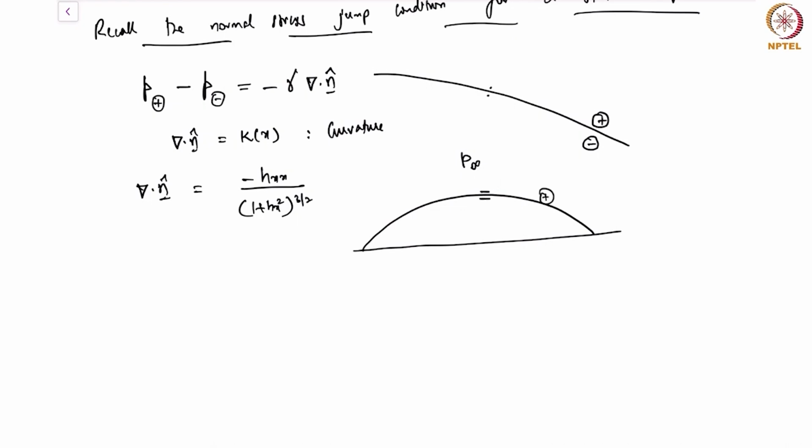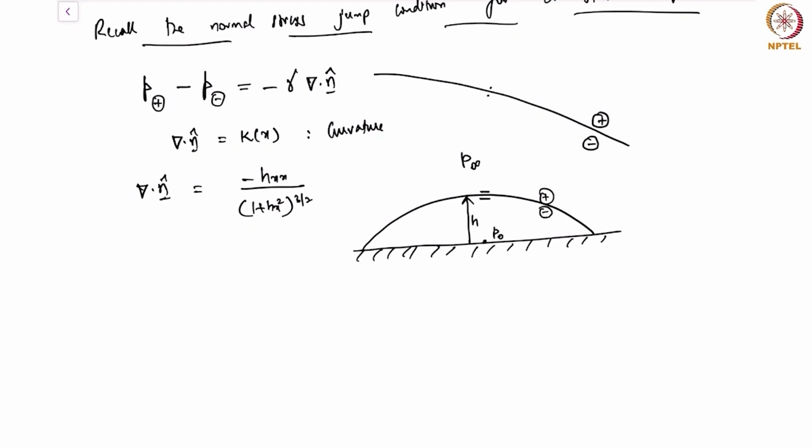Remember, this is plus and minus. Okay, and we'll also say that the height is h. So at the bottom of the plate, let's say the pressure is P naught.